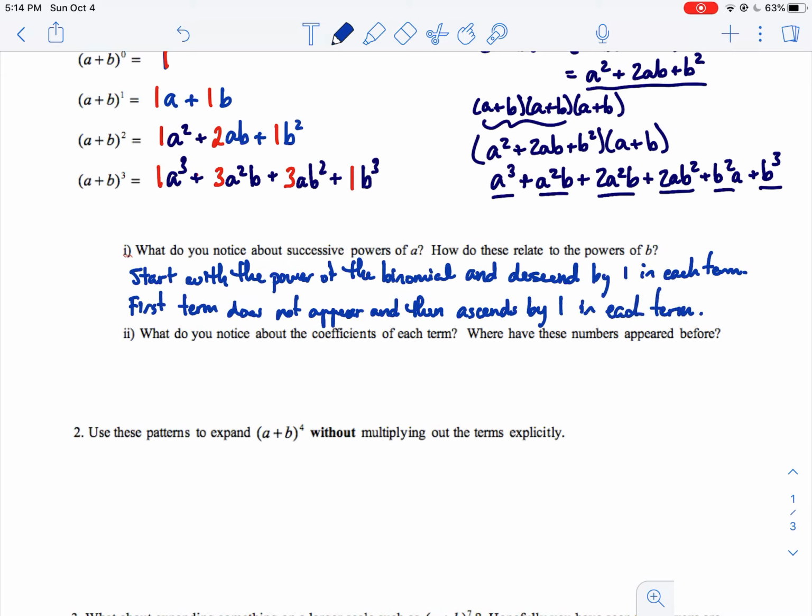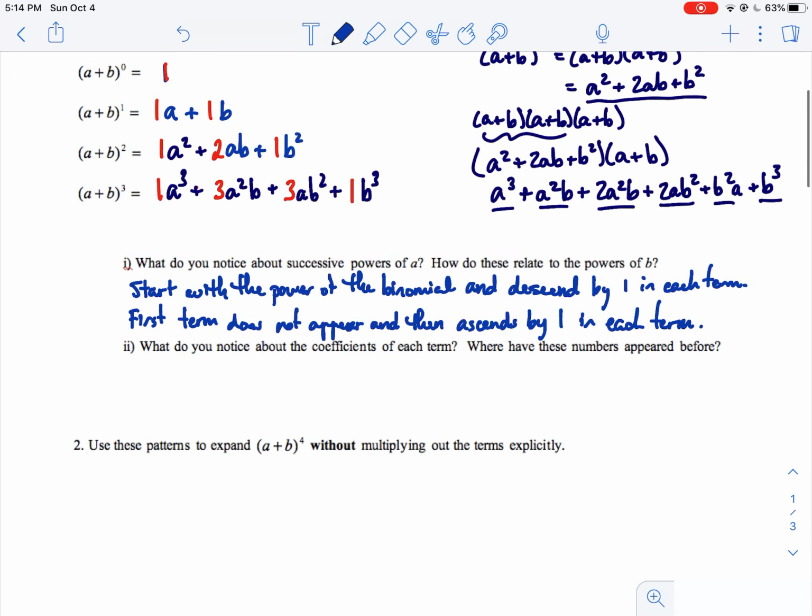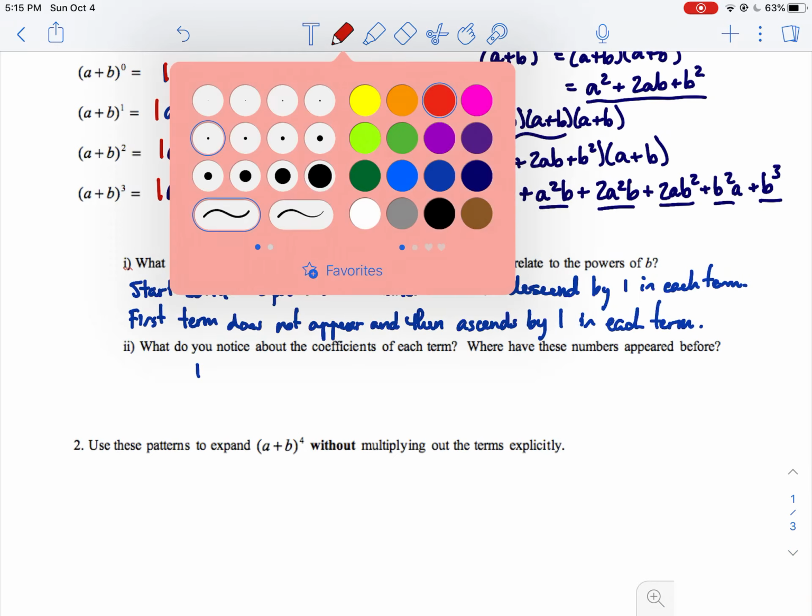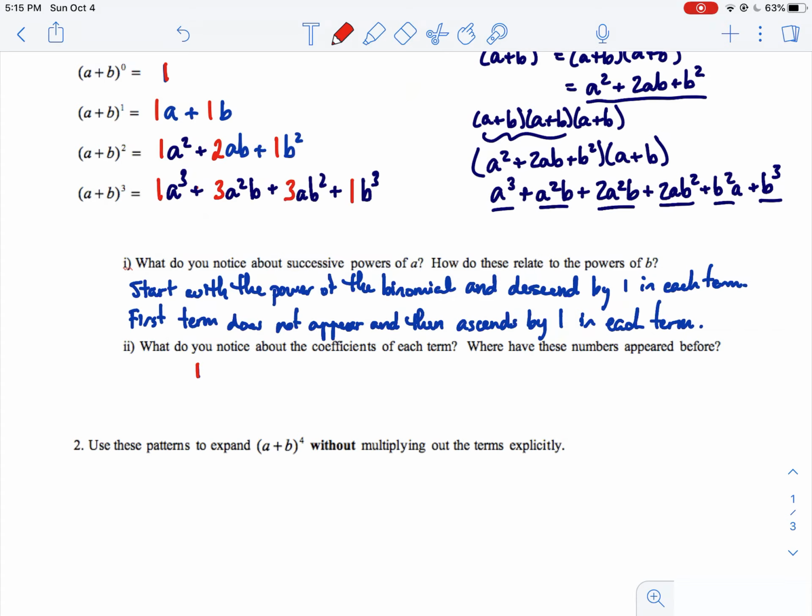Okay, and then take a look there at the good old coefficients of each term. And look what you see. That's why I put them in a different color, to hopefully help you see the pattern. You've got a 1. Then in the next power, you've got 1, 1. Then you've got 1, 2, 1.